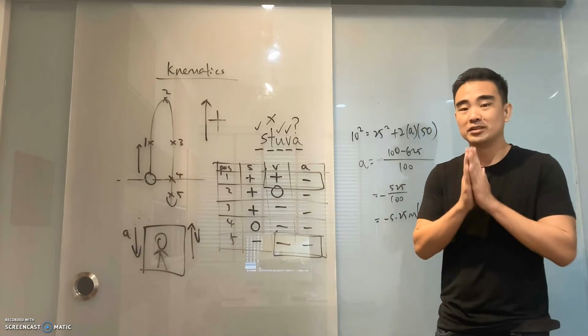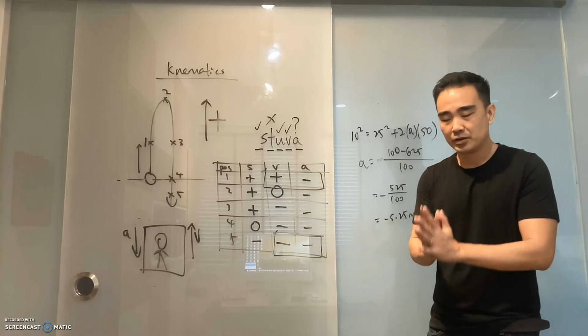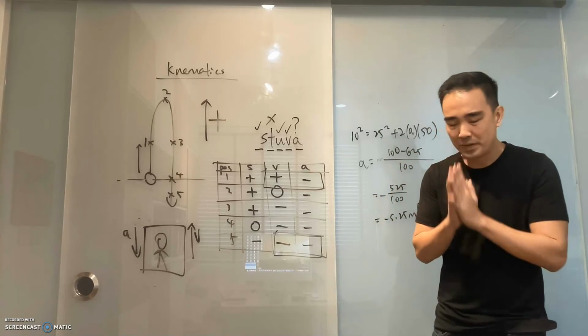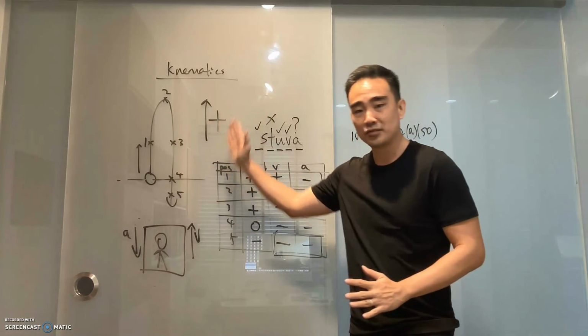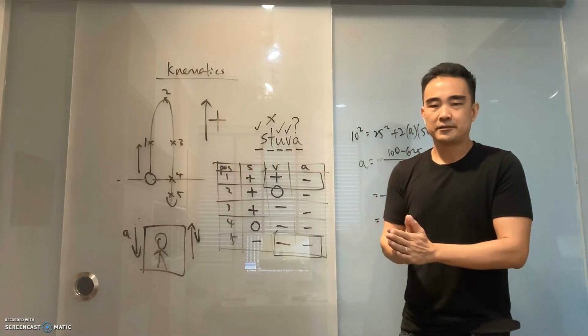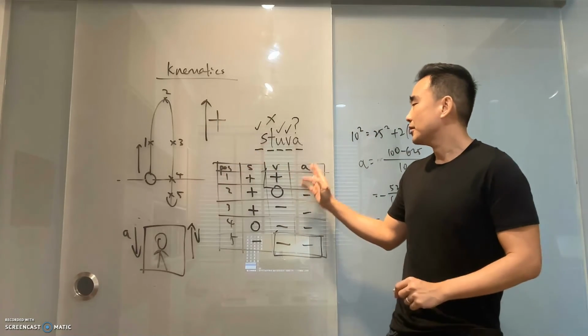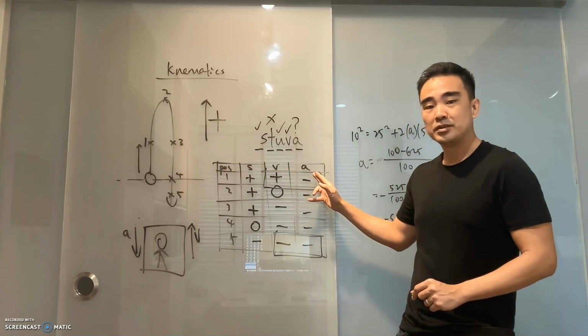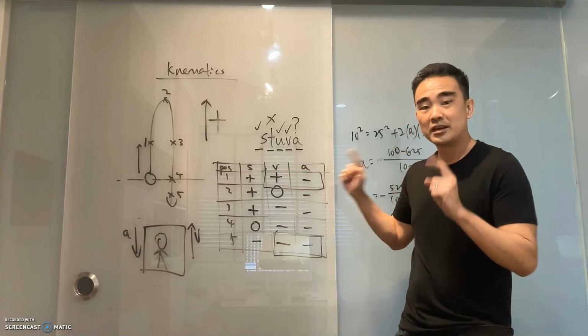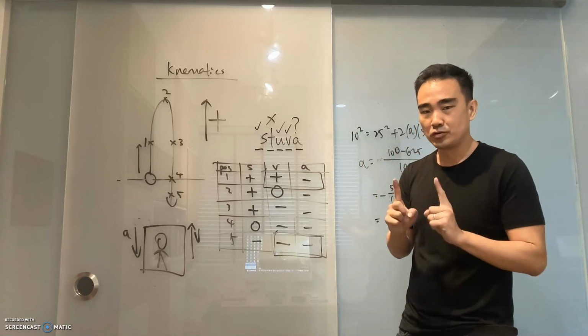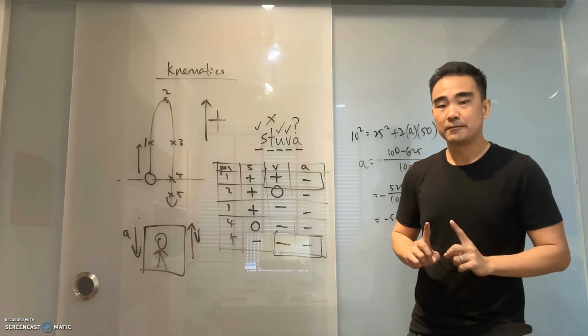Not necessarily true. You've got to distinguish displacement, velocity, acceleration, draw a big fat positive, whether it's upwards positive or downwards positive, and make reference to that. And very important, velocity positive, acceleration negative means slowing down. If it is opposite direction, it is slowing down. Same direction, it is speeding up.